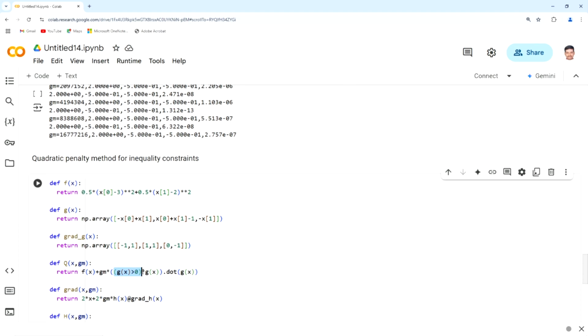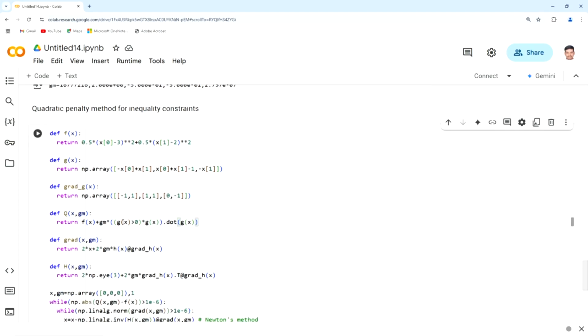So, when you write g of x greater than 0, this just gives you a 3 dimensional vector which either consists of zeros or ones. Consider this as g1 of x, g2 of x and g3 of x. If g1 of x is greater than 0, it gives you 1, otherwise it gives you 0. If g2 of x is greater than 0, then it gives you 1 or it gives you 0. Similarly, if g3 of x is greater than 0, it gives you 1, otherwise it gives you 0.